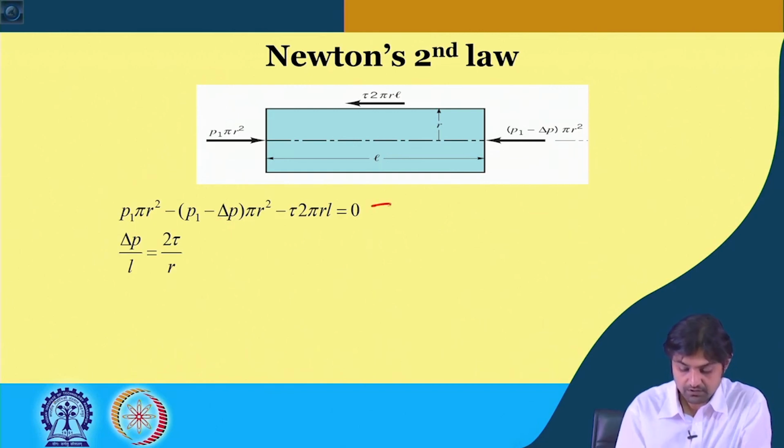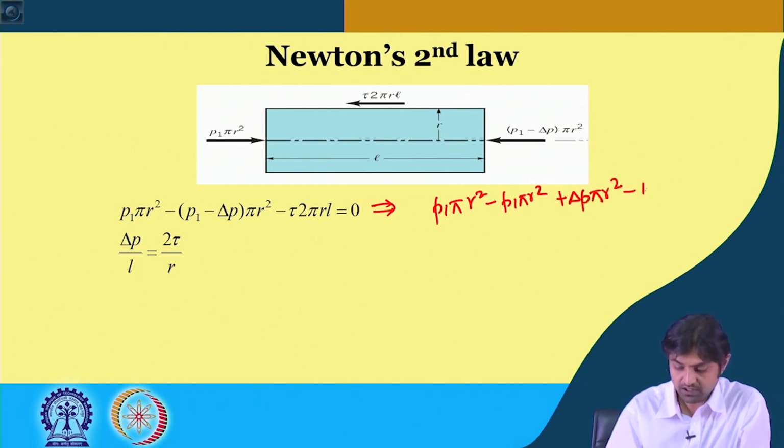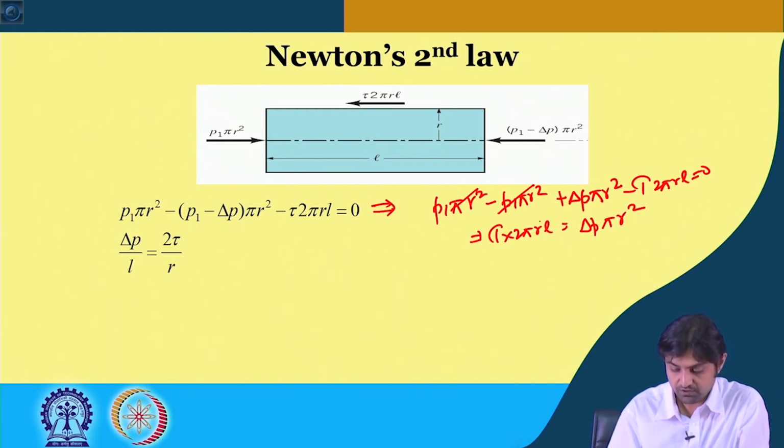Just expanding, it will be P1 pi r square minus P1 pi r square plus delta P pi r square minus tau 2 pi R L is equal to 0. So this gets cancelled, and we can write tau into 2 pi R L is equal to delta P pi r square. So this r and this r get cancelled, pi and pi get cancelled.